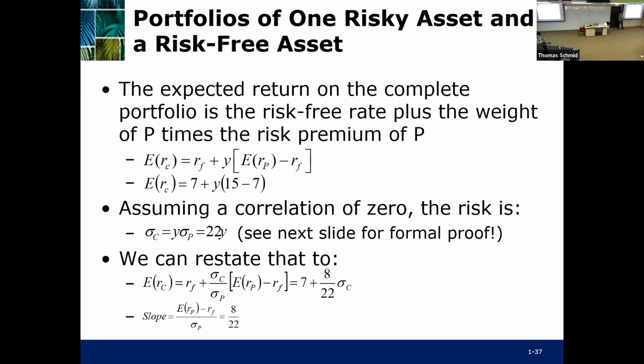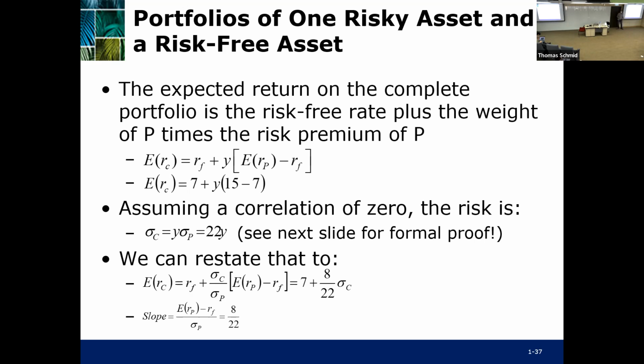So what we can then do is we can take the expected return formula here, RF plus Y, ERP minus RF, and instead of Y, we replace Y by sigma C divided by sigma P. So Y equals sigma C divided by sigma P, and then you replace this here, and this gives us this equation.